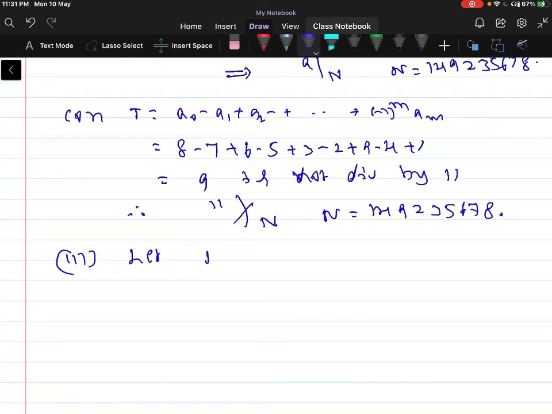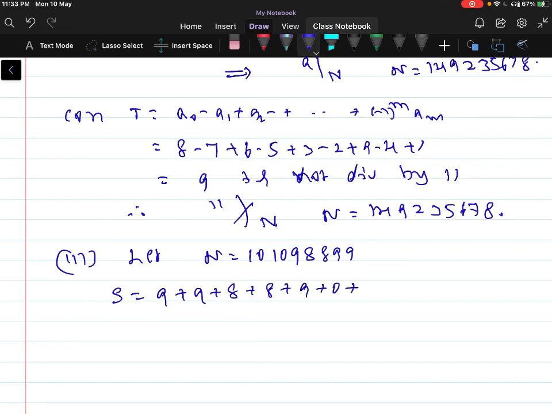Now let us take the third integer. Let n be equal to 1010988899. The sum of the digits s is equal to 9 plus 9 plus 8 plus 8 plus 9 plus 0 plus 1 plus 0 plus 1.